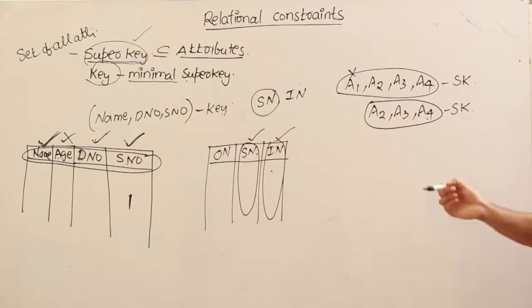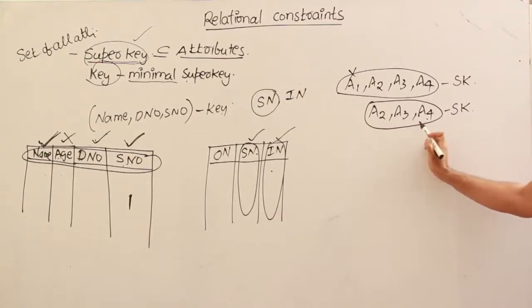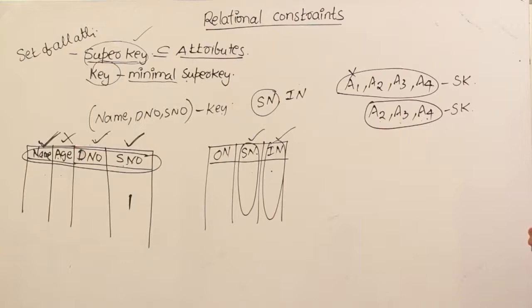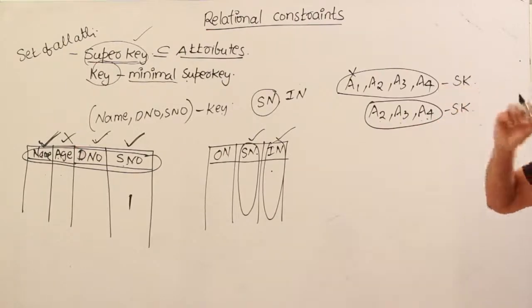That depends on whether it is minimal or not. Minimal means: can I still remove any of the attributes and still get the uniqueness constraint?